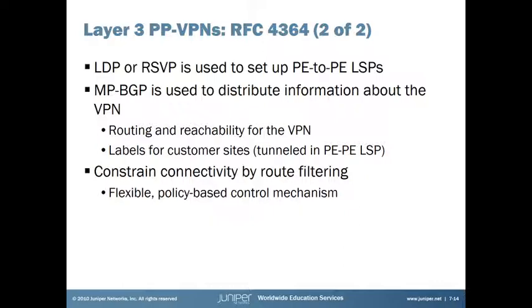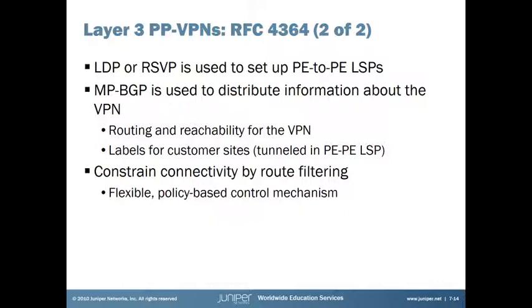And then the routing reachability for the VPNs is all handled by the routes that are being transferred between these virtual routing and forwarding tables. We have labels for the customer sites, tunneled in our label switch paths. We'll set this up today and have a look at it. And we have constrained connectivity by the route filtering.